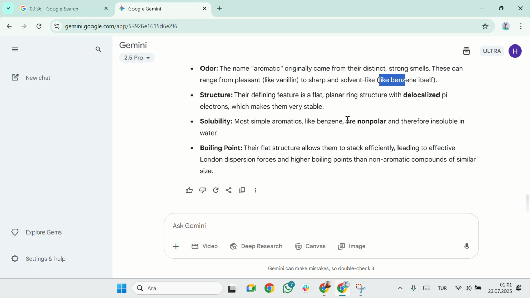Most simple aromatics like benzene are nonpolar and therefore insoluble in water. Their flat structure allows them to stack efficiently, leading to effective London dispersion forces and higher boiling points than non-aromatic compounds of a similar size.